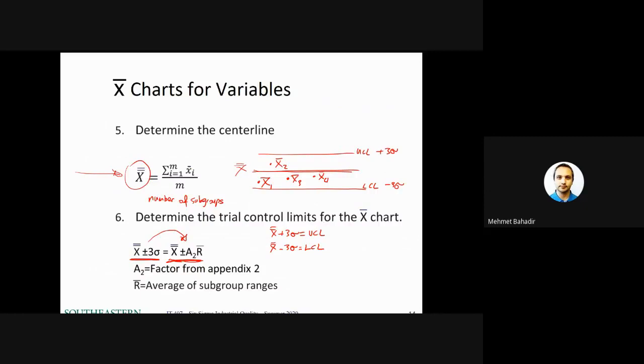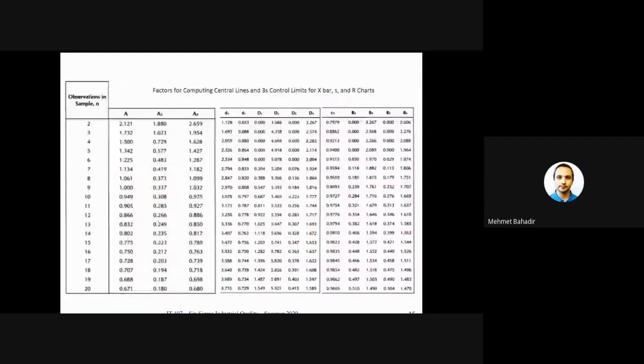Now, when you look at this, the new formula looks a little bit more confusing because now you have new parameters. What is A2 and what is R bar? The factor, which is A2, comes from a factor chart. This is the chart. It's available in your book, Appendix 2, page 368.